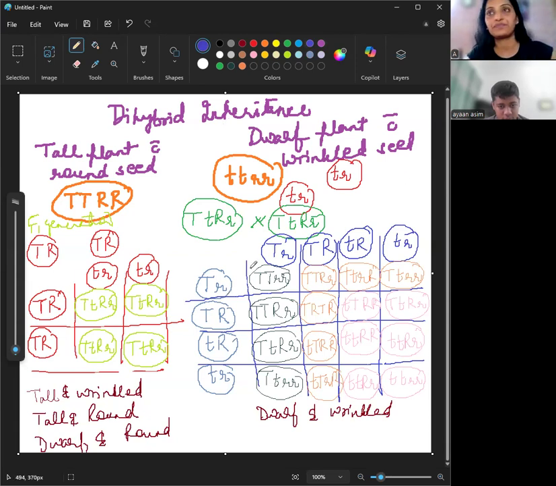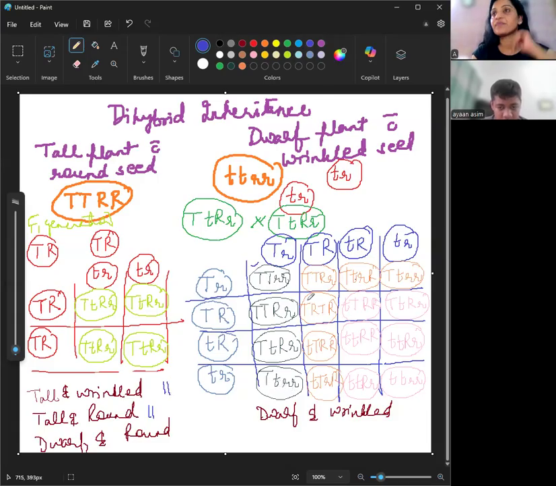Now the first, just start telling this. This is capital T, small r, small r. What will be the phenotype? Tall and wrinkled. Next is tall and round. Next one is again tall and round. Next one is tall and wrinkled.